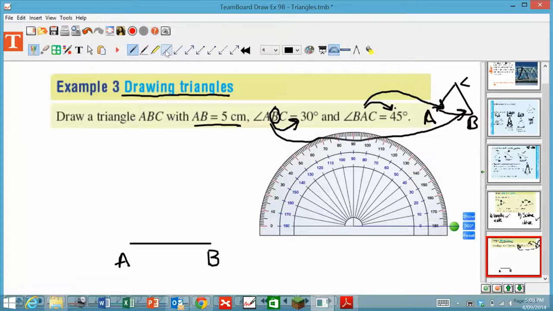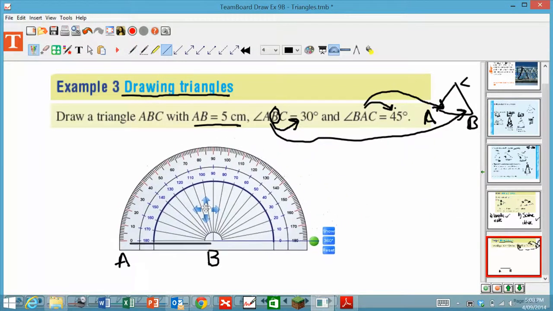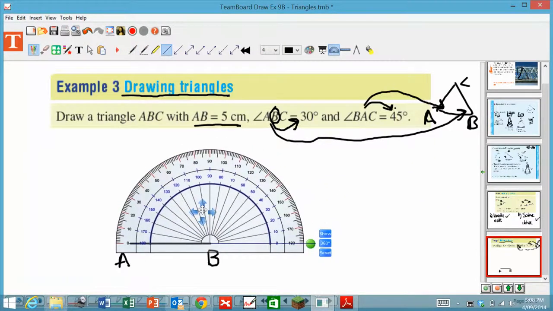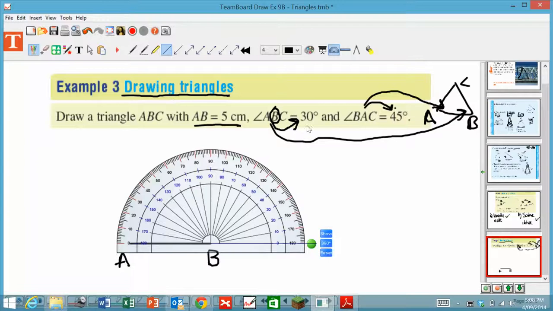Now I need to go back to my line. So my angle at B has to be, what was it? 30 degrees. I'm reading this way, from 0 here to 30 there. I need to make sure I draw my line at 30 degrees.